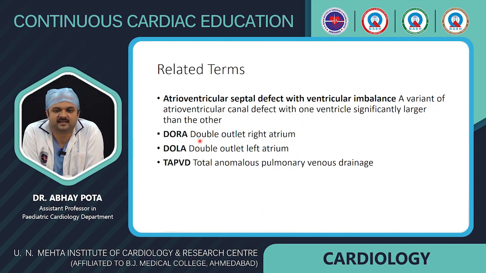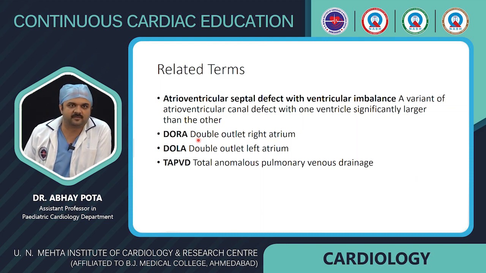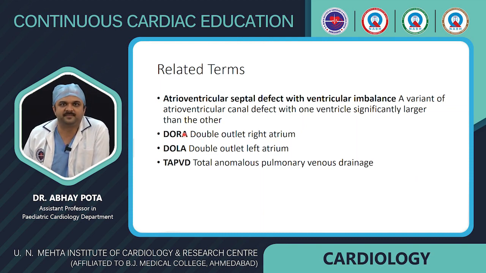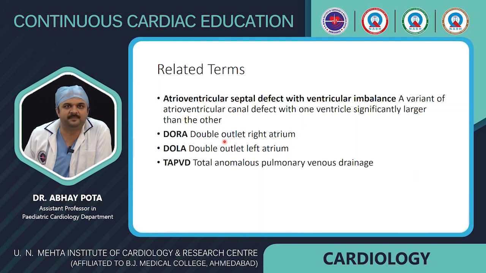In these cases there is a septum secundum that is malaligned to the right or left, into the right atrium or left atrium. So for example, in double outlet right atrium, the septum secundum is malaligned and protruding into the LA. It is causing restriction of pulmonary venous inflow, while at the same time the RA is draining both via the tricuspid valve into RV and via the mitral valve into LV.